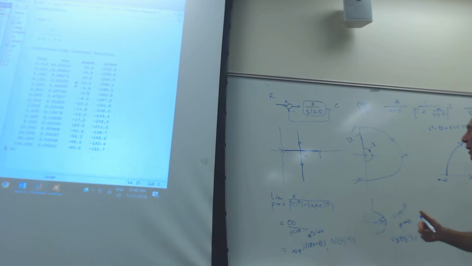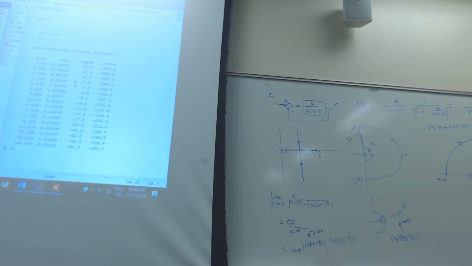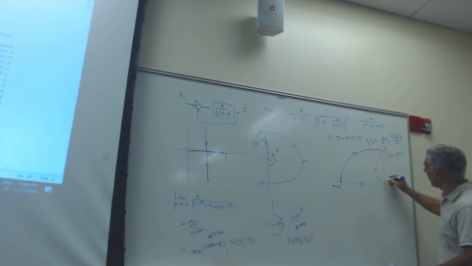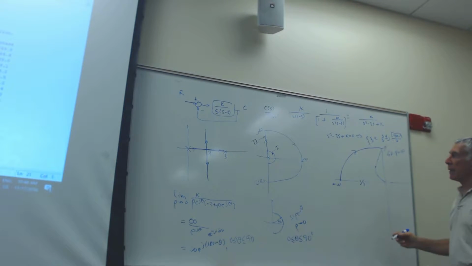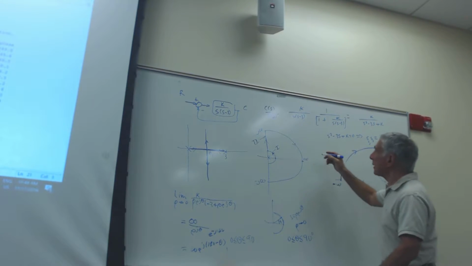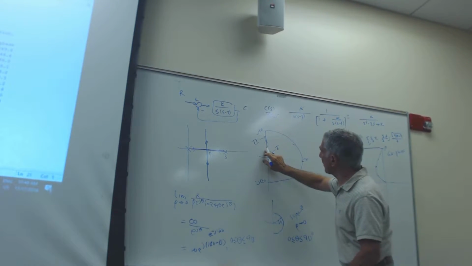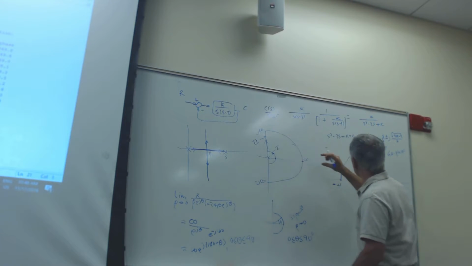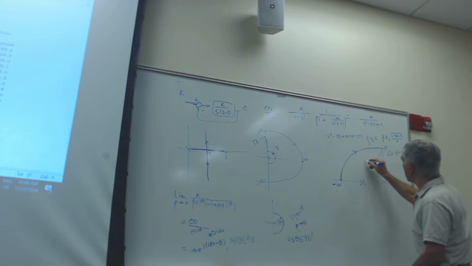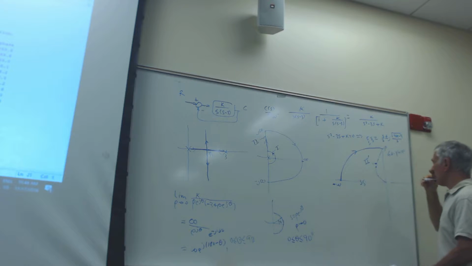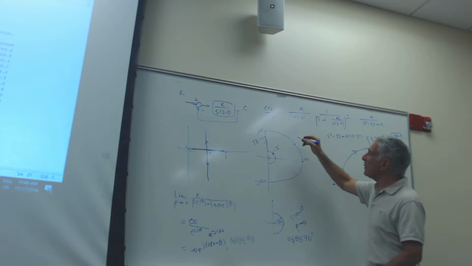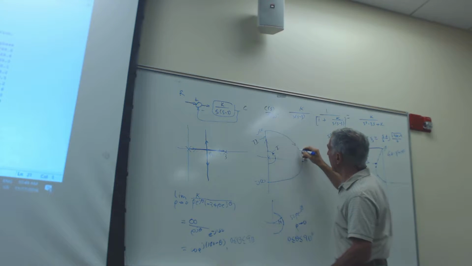So we're just plotting points. We plot several of the points there, and we got that. And so what we've done here is map this segment, segment 2, into segment 2 prime. Then what we need to do is map this next segment.